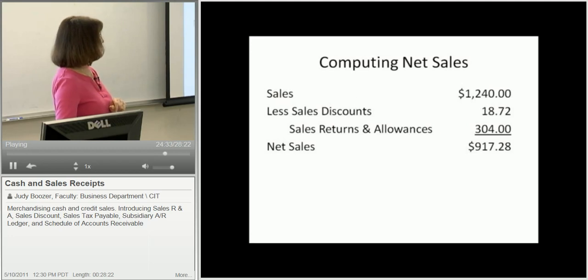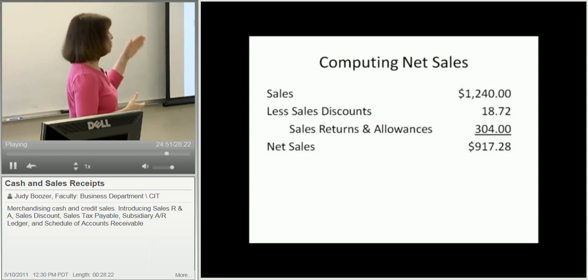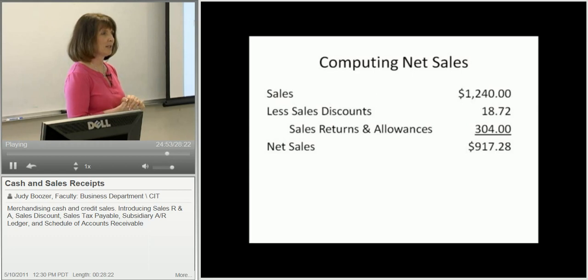And the net sales equals the difference between those. So if you take 1240 and subtract 1872 and 304, your net sales actually equal 917.28. So again, this is where we're reducing that amount shown in sales by taking those contra accounts away from it.